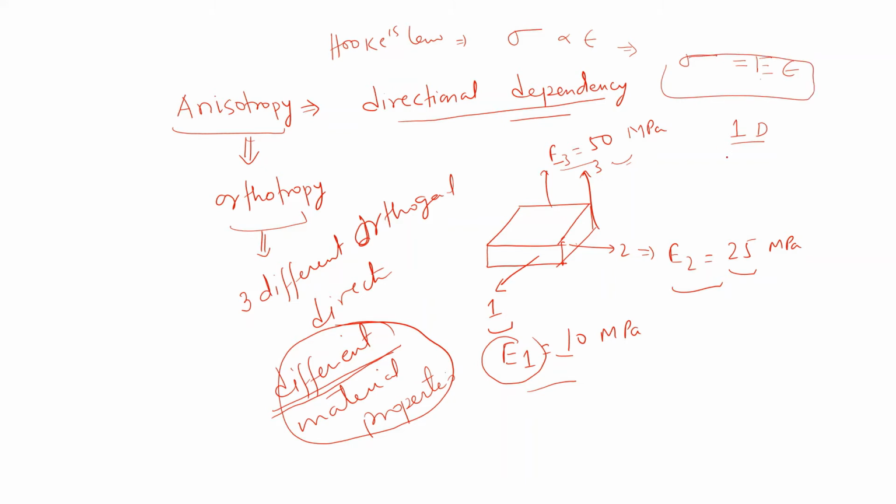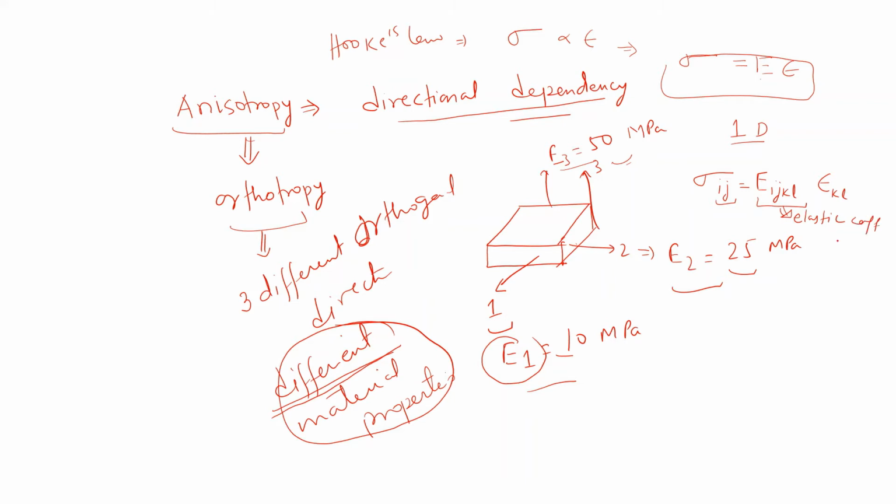But when it is more than 1D, meaning 2D or 3D, then we write the stress as sigma ij equals E ijkl times strain kl, where the stress is a second order tensor. This is the material property, the elastic coefficients.